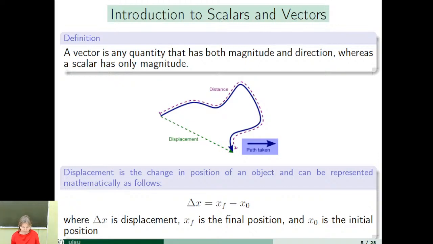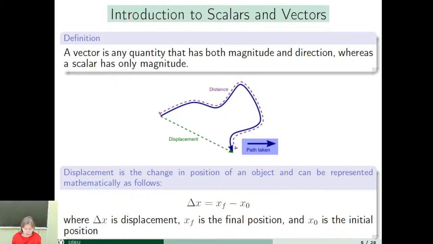A vector is any quantity that has both magnitude and direction, whereas a scalar has only magnitude. What is the difference between distance and displacement? Look at the picture. Whereas displacement is defined by both direction and magnitude, distance is defined by magnitude alone.